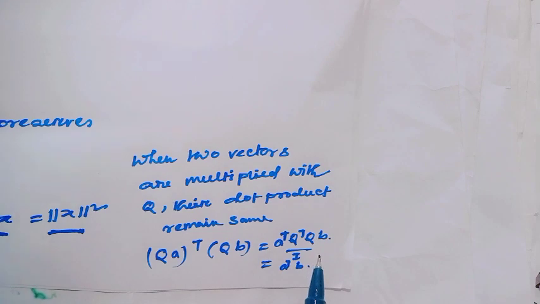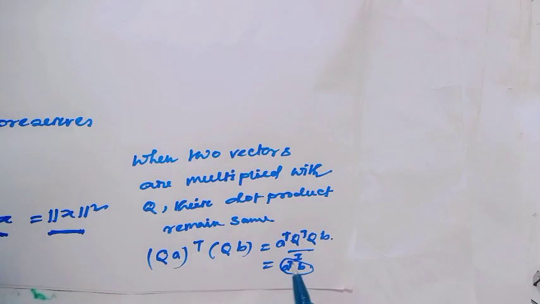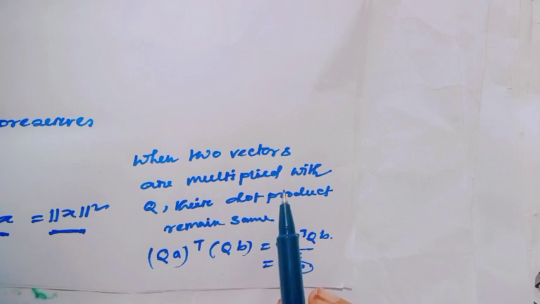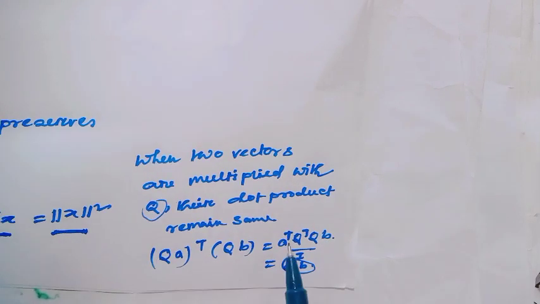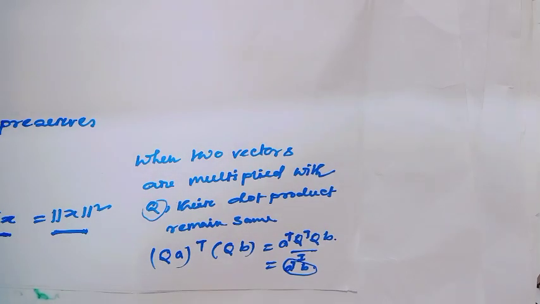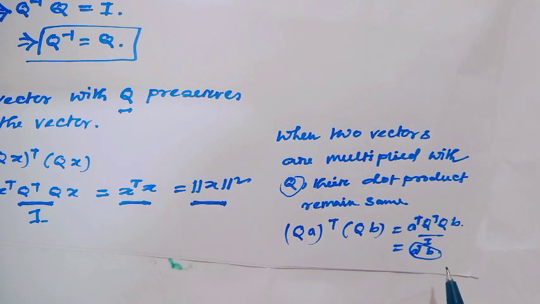And since Q is an orthogonal matrix, Q transpose Q equals identity. That means this is actually A transpose B. So when two vectors are multiplied with the matrix Q, their dot product is always the same. And since the dot product is the same, obviously the angle between the vectors is always the same.